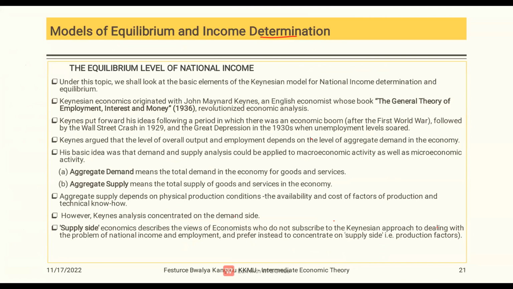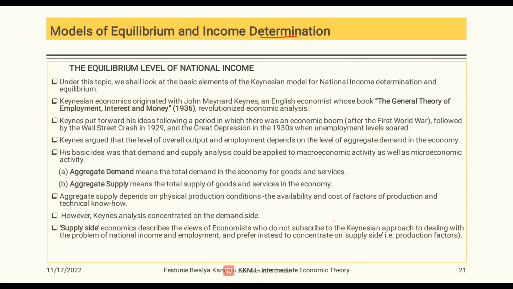Let's look at the equilibrium level of national income now. So what we are going to do is to look at the basic elements of the Keynesian model for national income determination equilibrium.